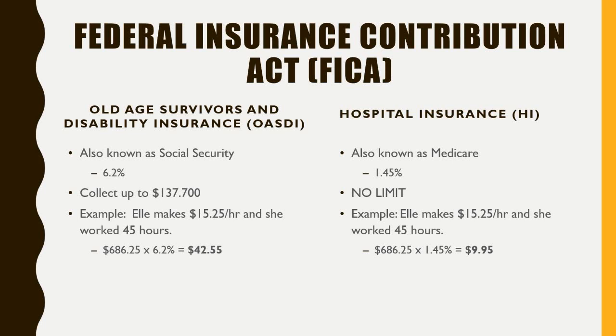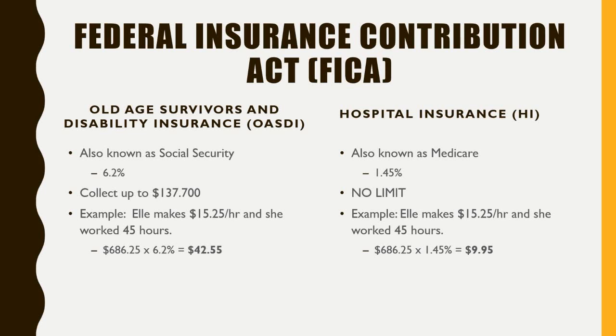FICA is broken down into 2 little segments. One is called the Old Age Survivors and Disability Insurance, also known as OASDI, which is also known as Social Security.